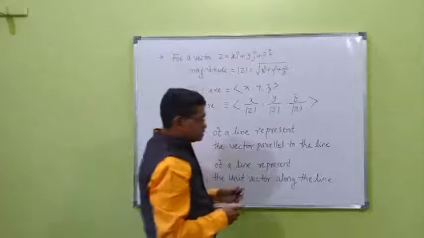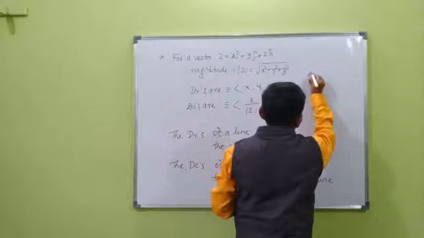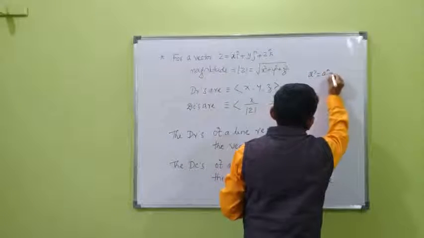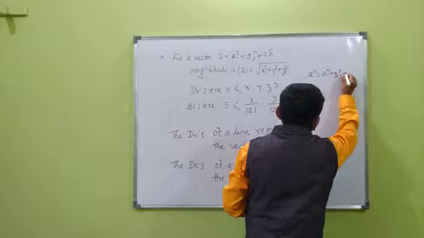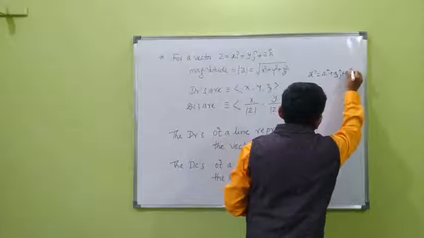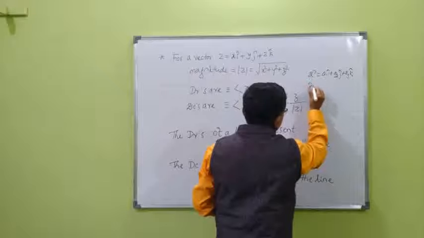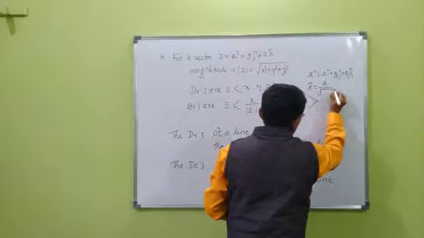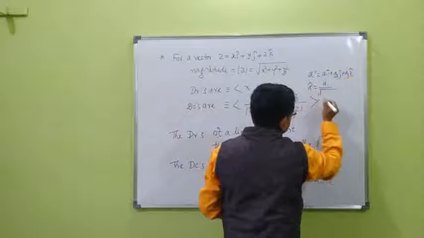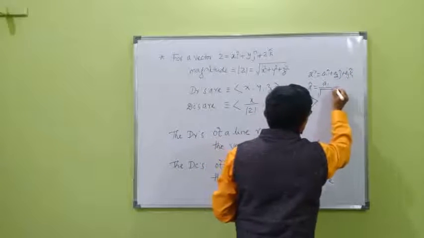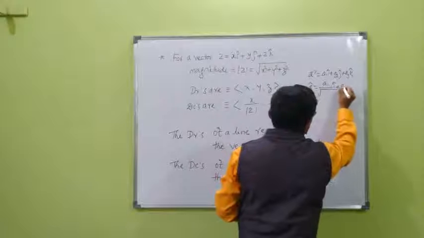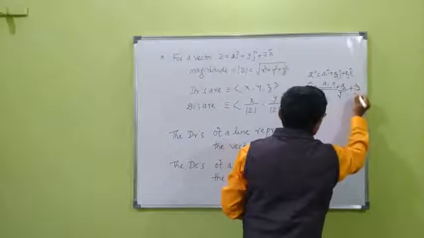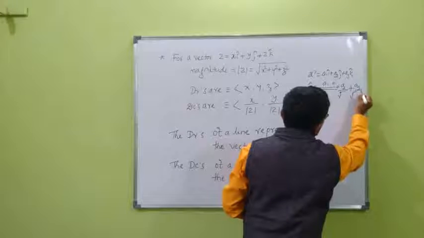Now tell me, suppose A is equal to A1 i plus A2 j plus A3 k. What is the unit vector? A1 divided by the square root of A1 square plus A2 square plus A3 square, times i cap, plus A2 divided by this square root, A3 divided by this square root, k cap, isn't it?